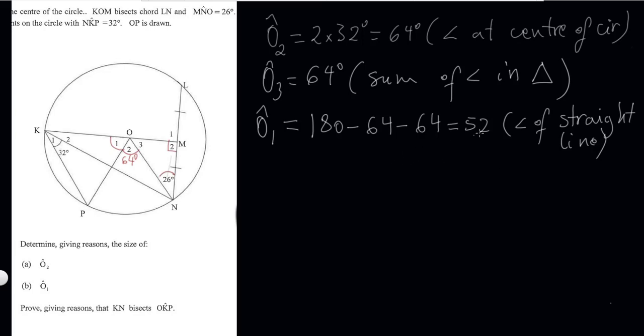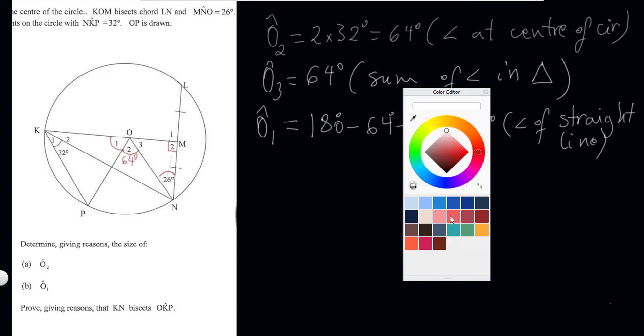Angle on a straight line is what? 180. Meaning that if we have here 64 degrees, 64, this automatically will be 52.